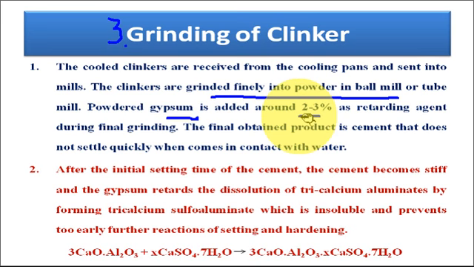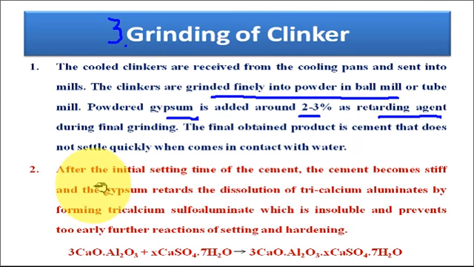What is the role of gypsum? Gypsum is used as the retarding agent. What is the retarding agent? Basically, gypsum delays the setting time of the cement. That is why gypsum is added to the cement during the grinding process.